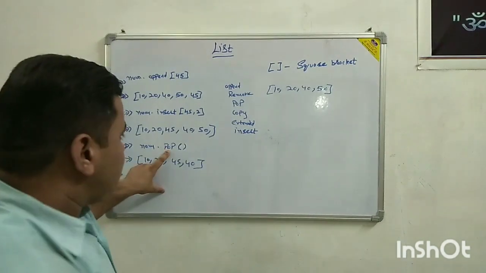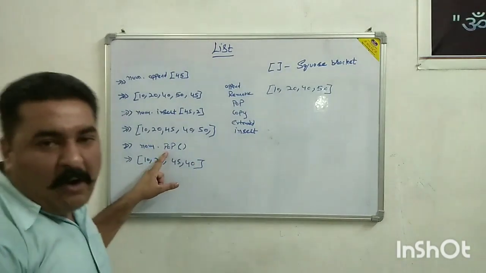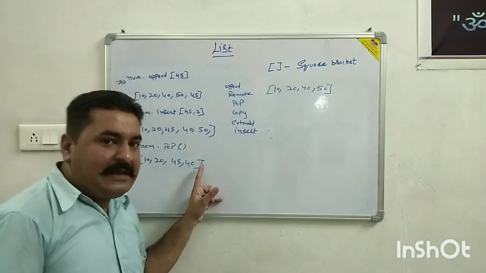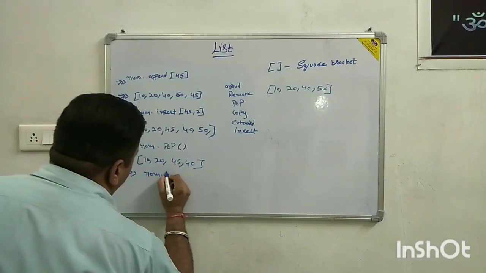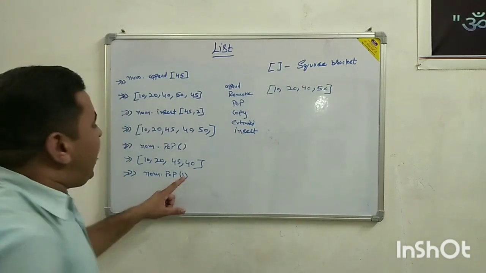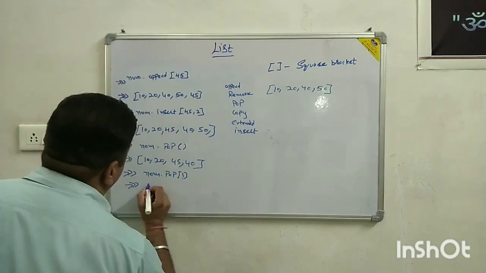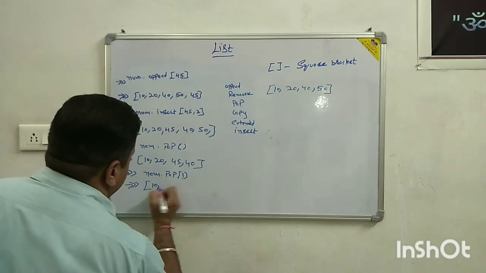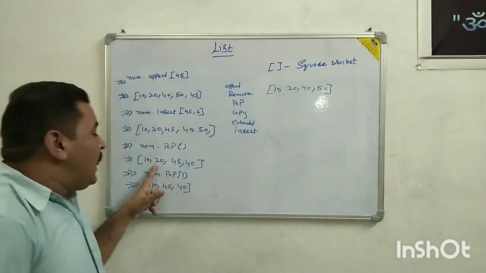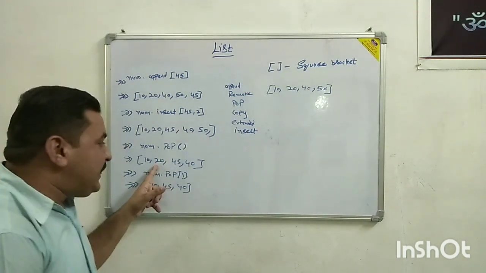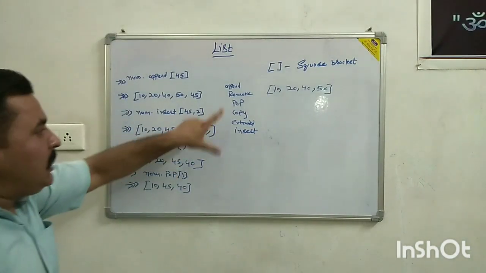If we do not represent any index value, then the last number will be erased from the list of elements. And if we represent an index value, num dot pop 1, with an index value of 1, it will give you the result of 10, 45 and 40. That means 20, which has an index value of 1, is removed from this list. That comes in the pop function of this list.